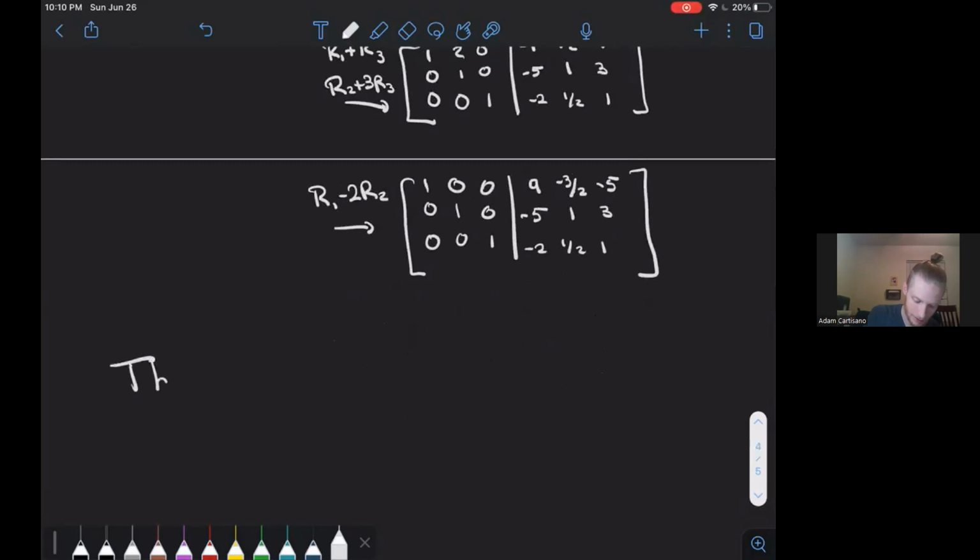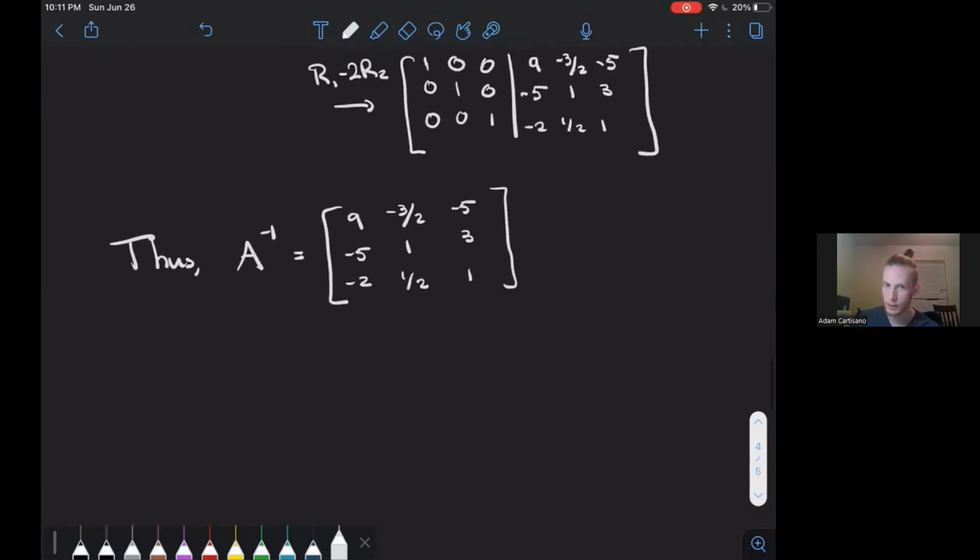Thus, oh man, A inverse is 9, negative 5, negative 2, negative 3/2, 1, 1/2, negative 5, 3, 1.